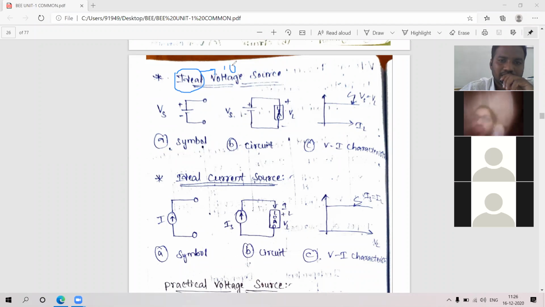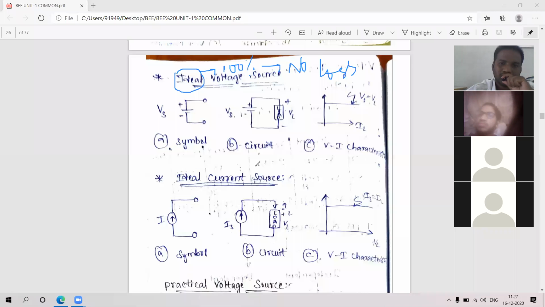Perfect means 100%. Whatever the value is there, we are going to get the same at the output. Suppose input is 100, then output will also be 100. No loss, 100% ideal. No losses. No loss in the sense no voltage drops.